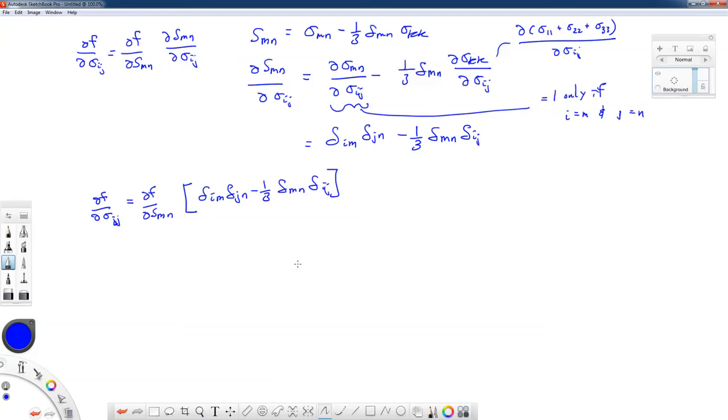And at this point we can expand these terms out. Alright, so first we'll just do an algebraic expansion. Partial of f with respect to Smn, Kronecker delta Im, Kronecker delta Jn minus 1/3 partial of f with respect to Smn, Kronecker delta Mn, Kronecker delta Ij. It's a j right here.